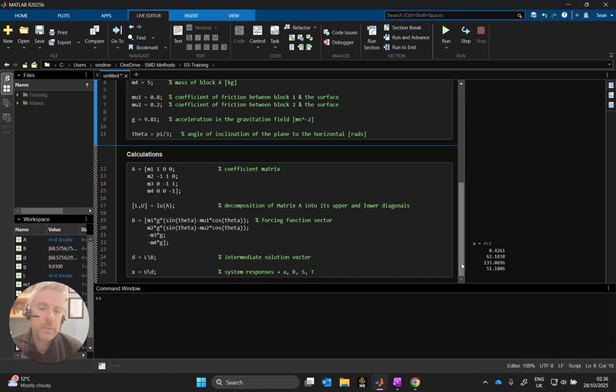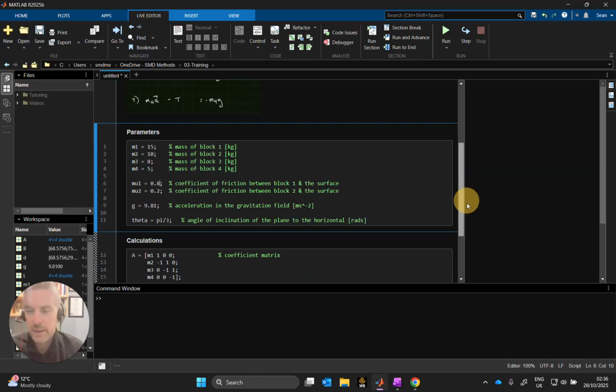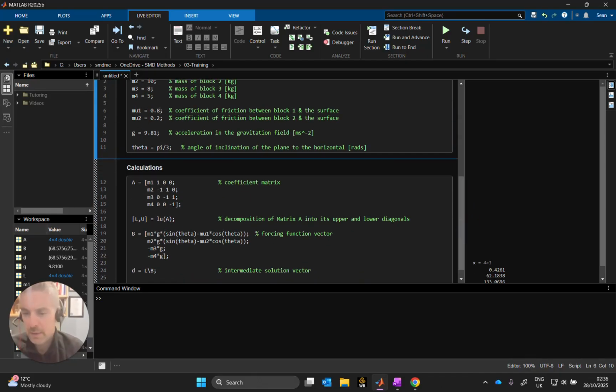Something else to look at would be to do Jacobi or Gauss-Seidel on it, but it would be unlikely that it would converge, given that the diagonal is so non-dominant. But non-dominance or dominance is only a good indication that it definitely 100% will converge. If it's not dominant, it doesn't mean it won't converge. The likelihood of it converging is less, though. That's really that, but we'll look at that in a different video, maybe.